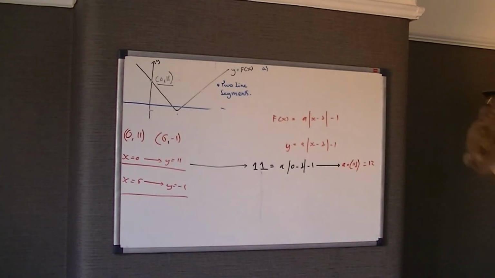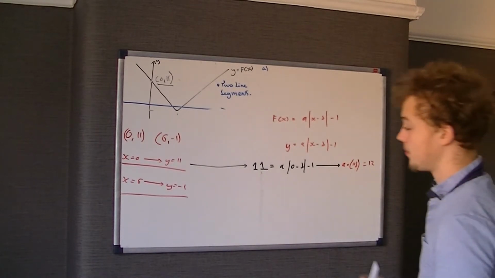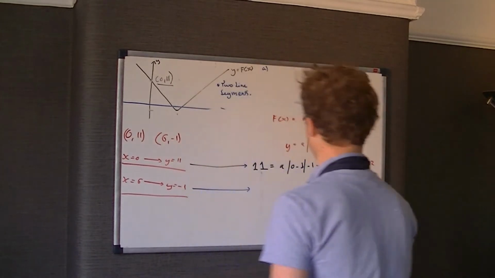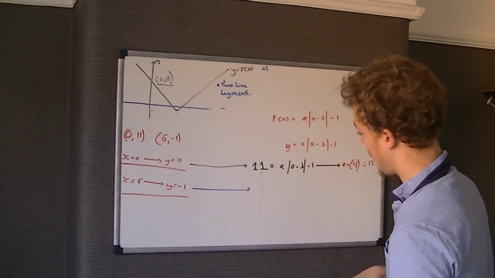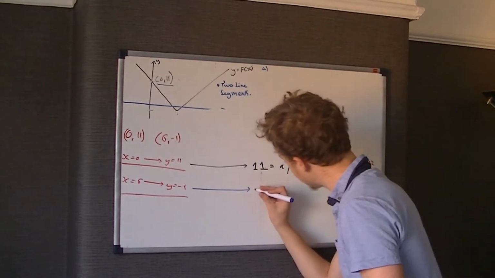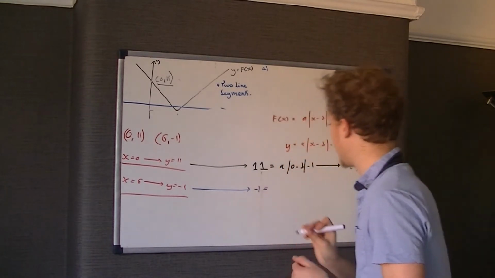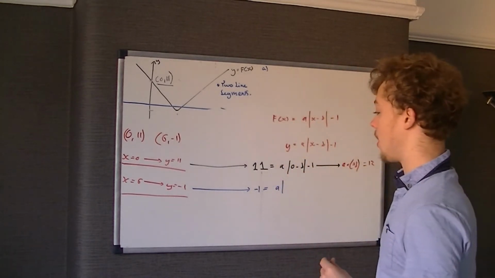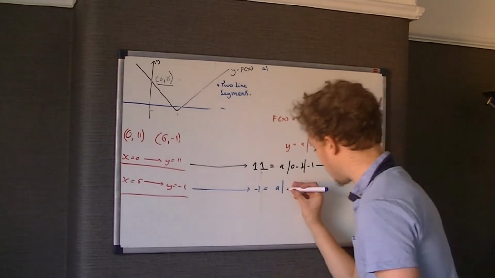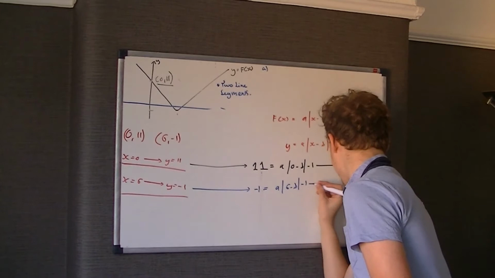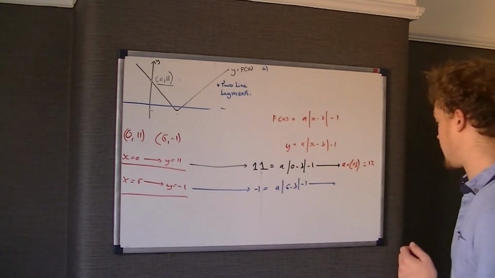All we've done to get that equation is put our numbers in the formula. So we'll do the same in the equation below. You can say we're starting to get a pair of equations. So y is equal to minus 1: minus 1 equals a times the modulus of x take b, that's 6 minus b, take 1, and we can simplify that down.